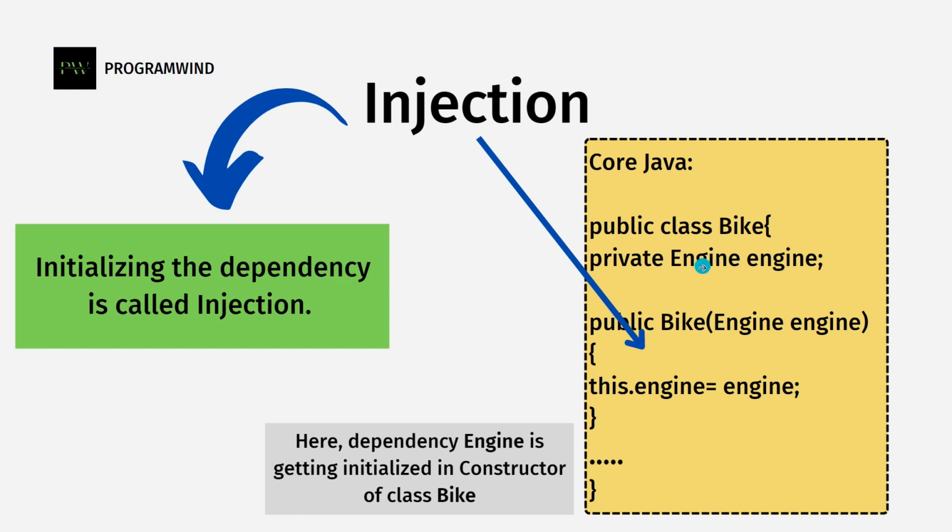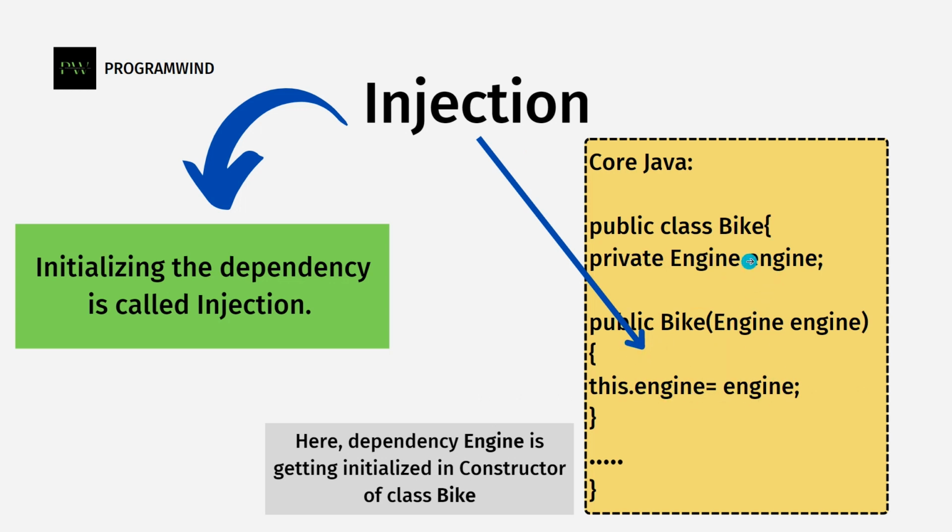Now this is the dependency and I need to initialize it. For initializing it, I have created a constructor of class Bike, a parameterized constructor. It will take an argument, an object of class Engine, and then I will assign this reference here. So with the help of this constructor, I am initializing this dependency. That's why it's called injection.